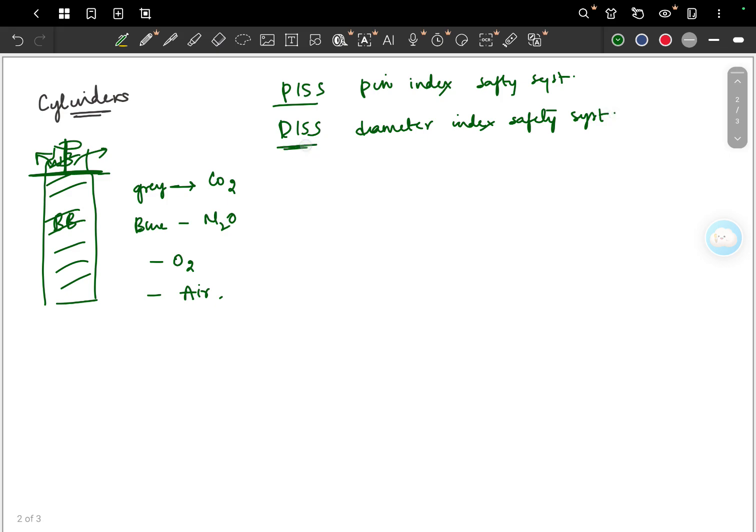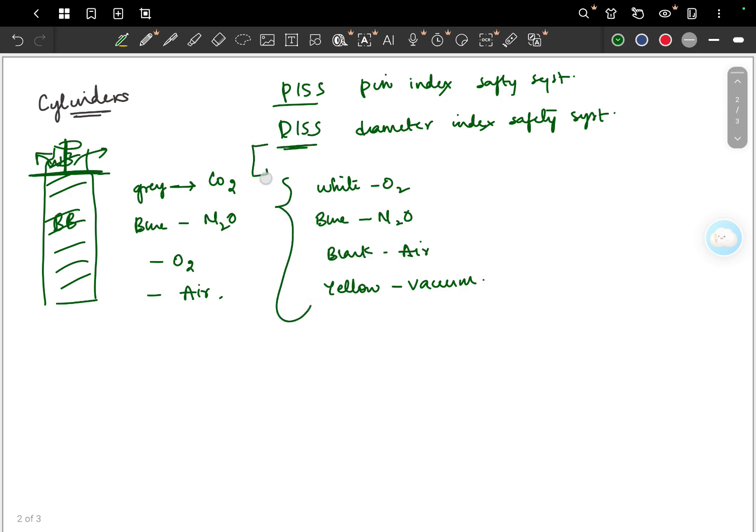In this we'll have an oxygen pipe in white color, a blue color pipeline for N2O, a black color pipeline for air, and a yellow pipeline for vacuum. So just remember these things.